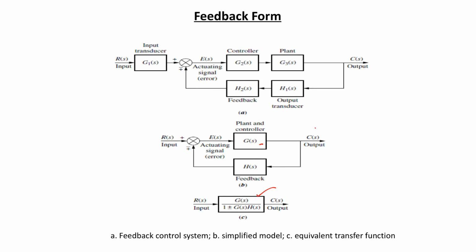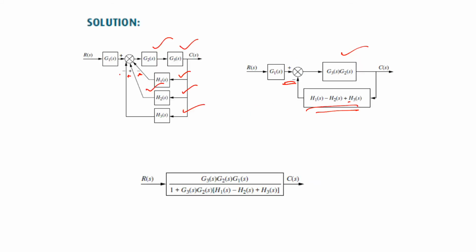Okay, so same we can use here also. So we can use same here, that is G(s) means G3 G2 divided by 1 plus G3 G2 into H1(s) minus H2(s) plus H3(s).